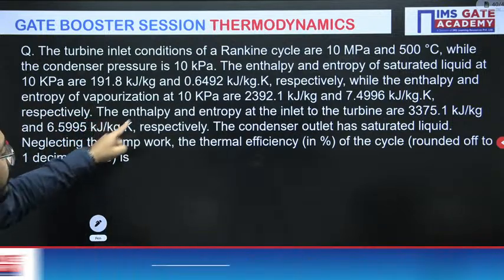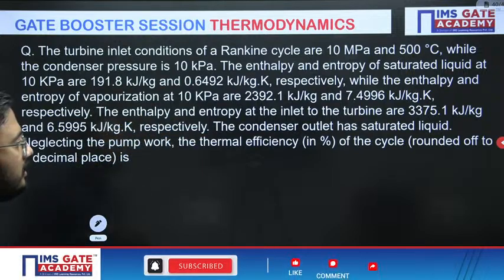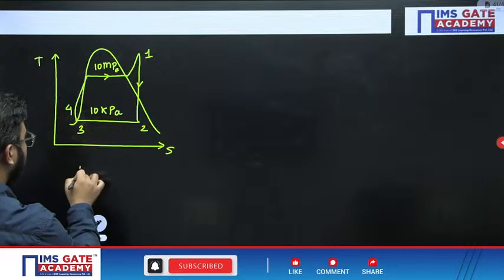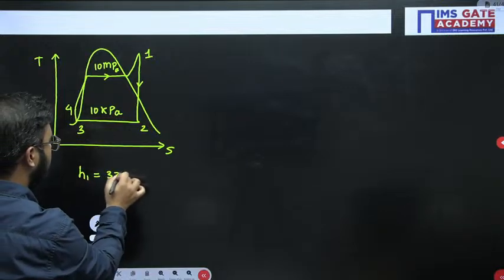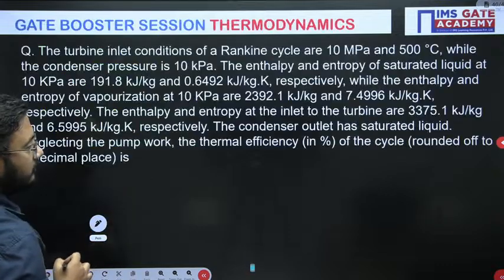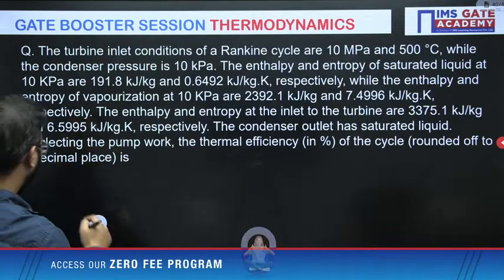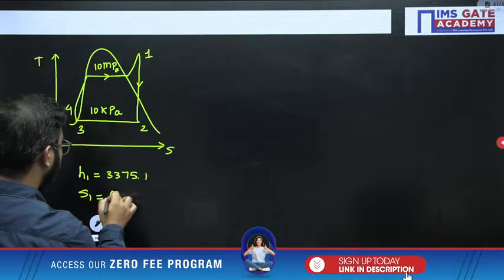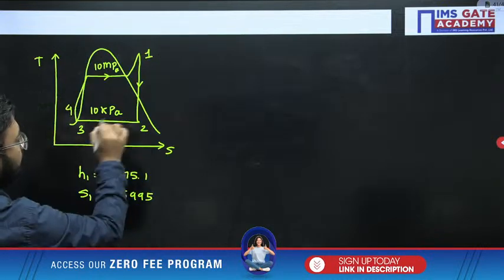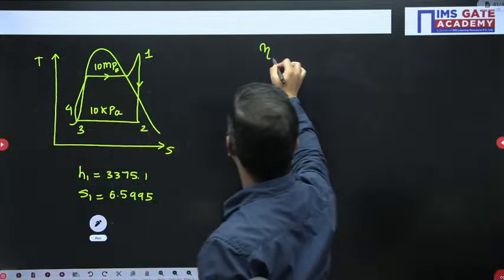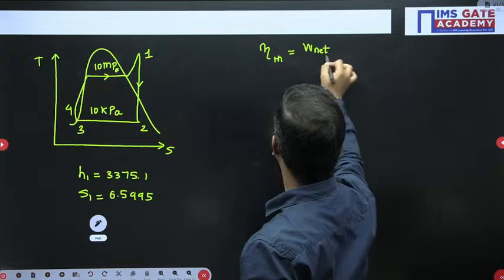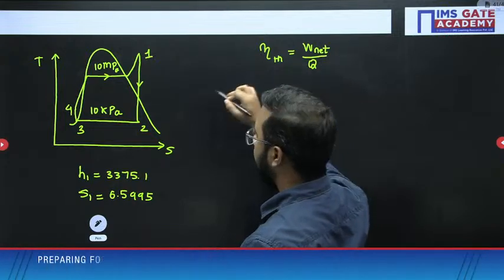But enthalpy and entropy inlet to the turbine is 3375.1. So basically H1 they have given, 3375.1. S1 they have given also. What is the S1 value? 6.5995. Now first of all, to get the thermal efficiency, we need to use this formula: net work done divided by the heat added.